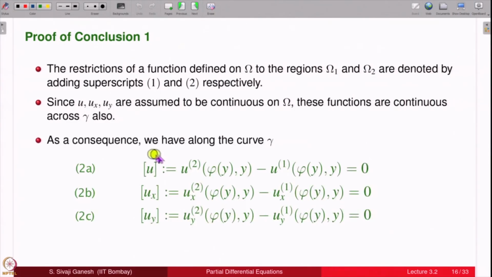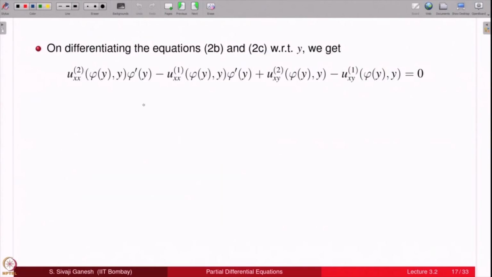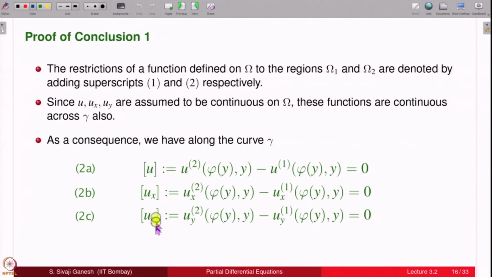So, the jump in u is u2 minus u1, where phi y comma y is a point on the gamma. Similarly, the jump in ux, defined by ux2 minus ux1, is also 0. The jump in uy is also 0. So, we differentiate the equations 2b and 2c, the last two equations, because differentiating the first equation will not give you anything.